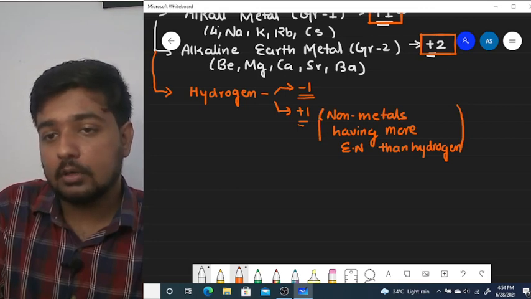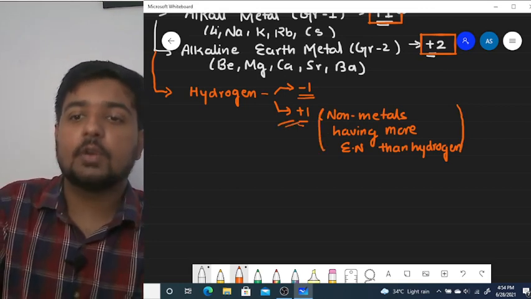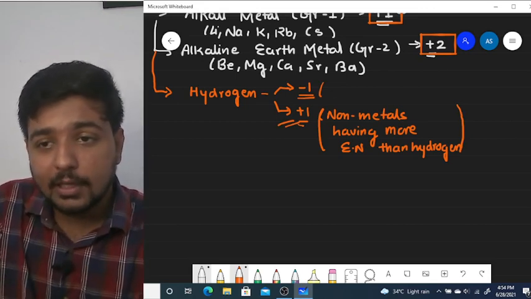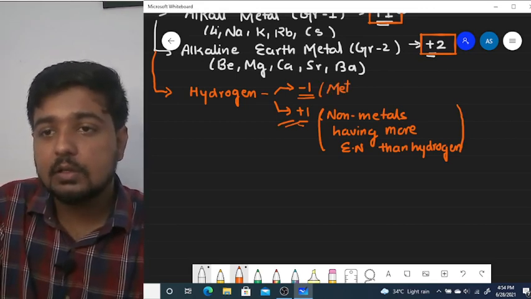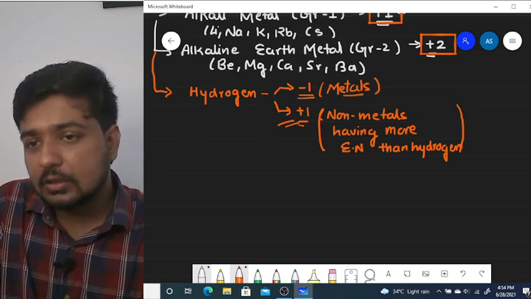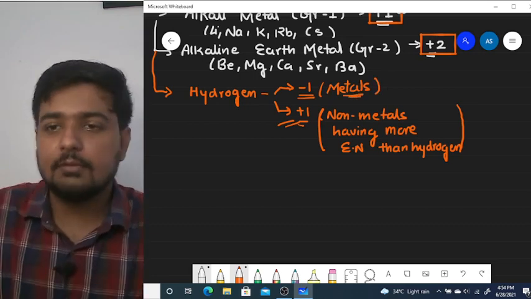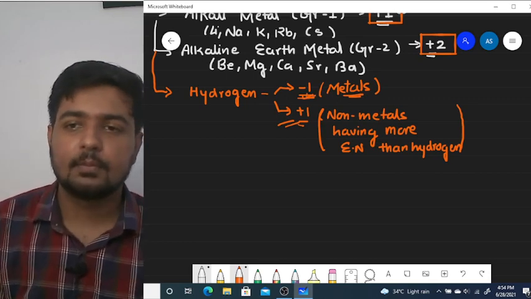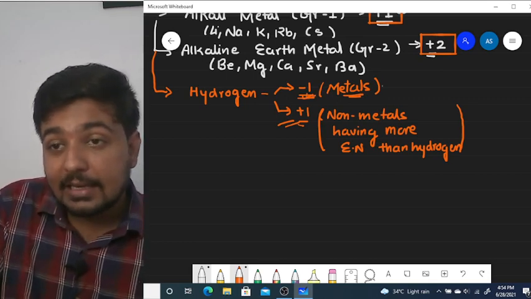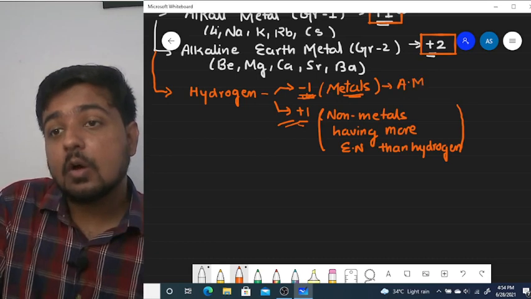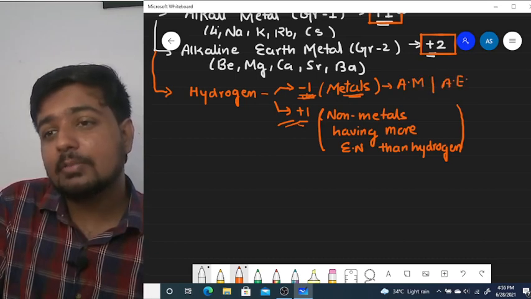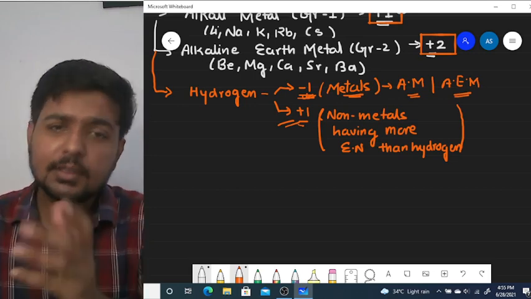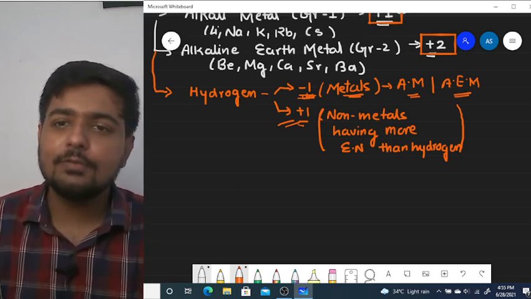Are you getting the point? Then the oxidation number of hydrogen will be +1. Similarly, it will be -1 if it is connected to the metals. If they are connected with metals like alkali metals or alkaline earth metals, then hydrogen will have an oxidation number of -1.